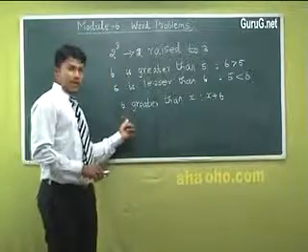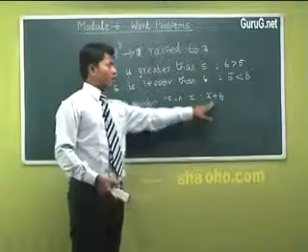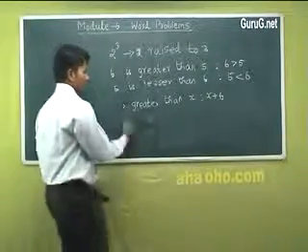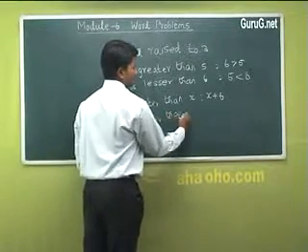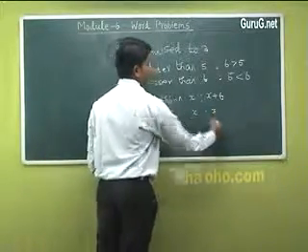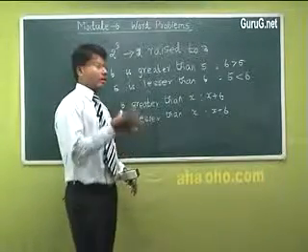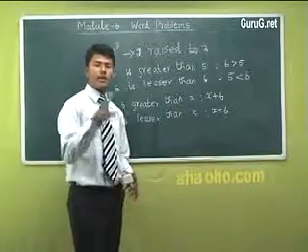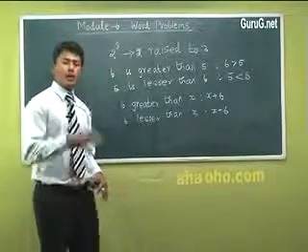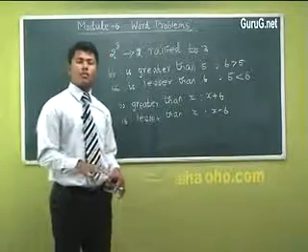A value 6 greater than x means you are incrementing x by 6. So x plus 6. Similarly, 6 lesser than x is x minus 6. By reading these words you must be able to formulate or model the mathematical form. Once you get the mathematical form, from there you can find the unknown quantities and solve the problem.